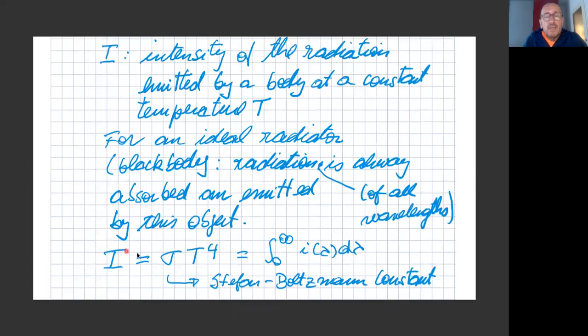So this is called the Stefan Boltzmann law, and obviously this is called the Stefan Boltzmann constant for that reason. You can actually try to fit it.